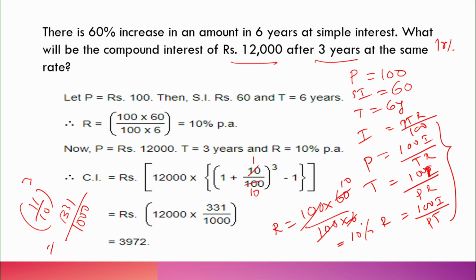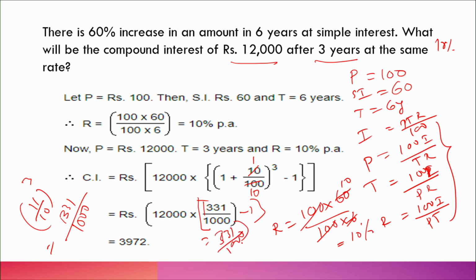So 12,000 times 1331 by 1000, and then minus 1. That means 1331 minus 1000, that is 331 by 1000.